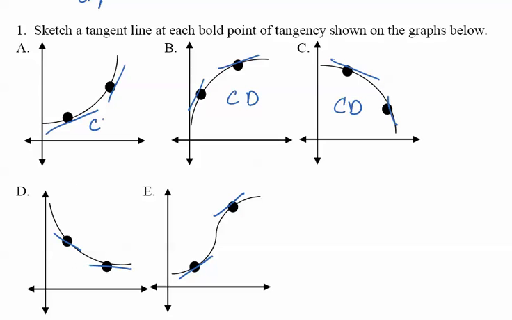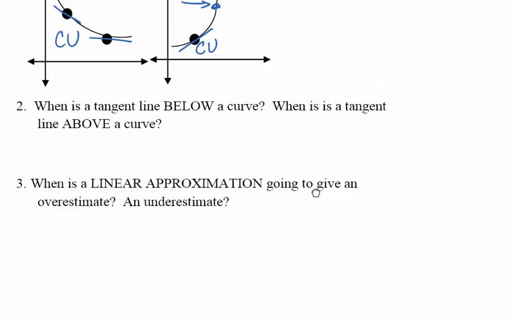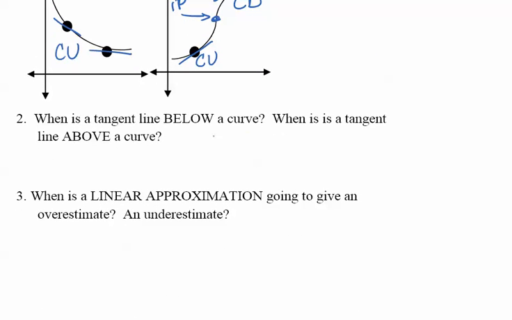When it's concave up, the tangent lines are below. And here we've got some of each. Here's an inflection point. So notice in the concave up section, the tangent stayed below. When it switches to concave down, the tangent moves above. So again, something you don't have to memorize since you can recreate that. So the tangent line is below the curve.